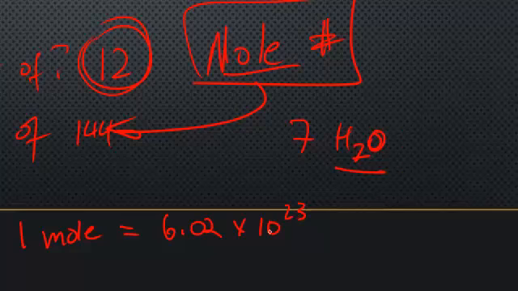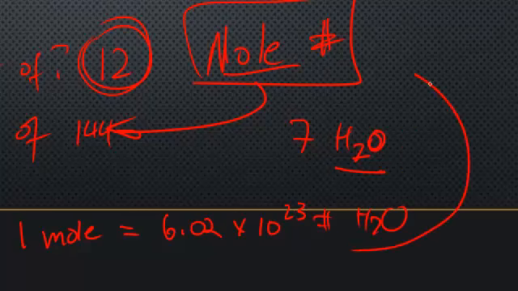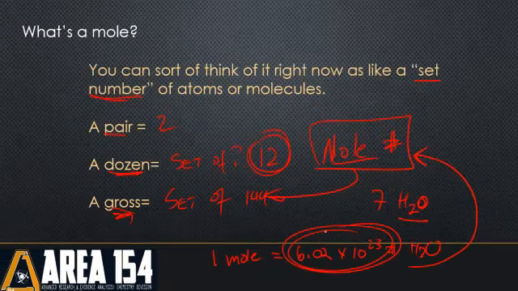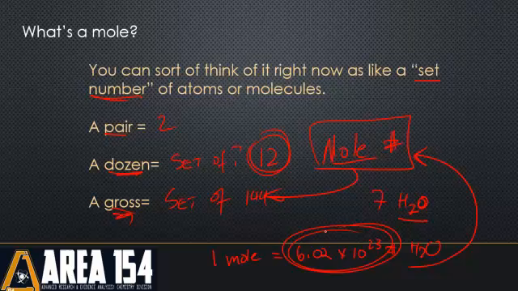That set, that number of water molecules makes a mole, and it's always that number. That number has a name. It's called Avogadro's number, but we'll get more into that later.